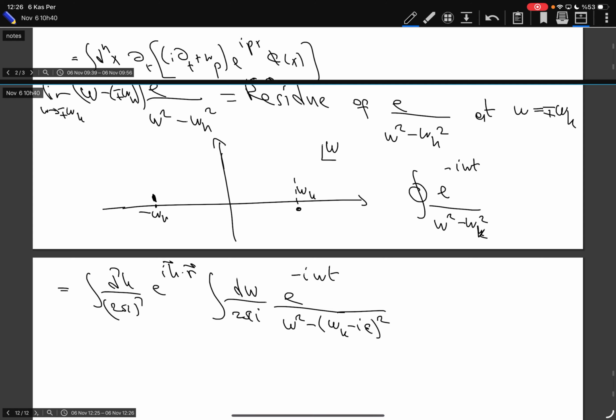So the poles are at omega equal to plus or minus omega k minus i epsilon. That is how I shifted my poles.